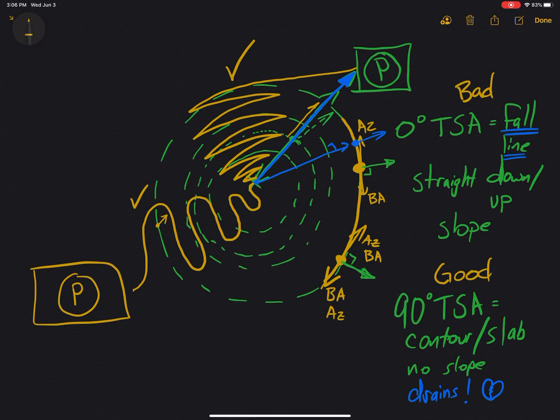So what's going to happen is, with our switchback trail, this is going to have a very, very large trail slope alignment angle. At each point along our switchbacked trail, it's a lot like our contour trail, but it's just offset a little bit from the contours. So it gently climbs its way up, nice and slow.